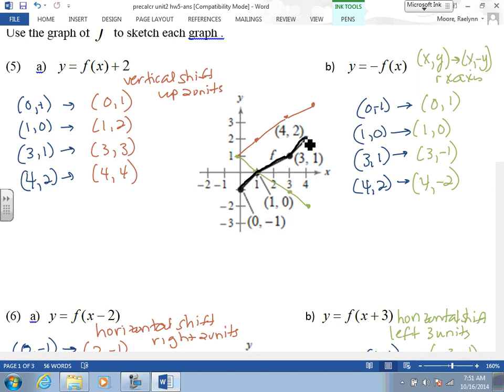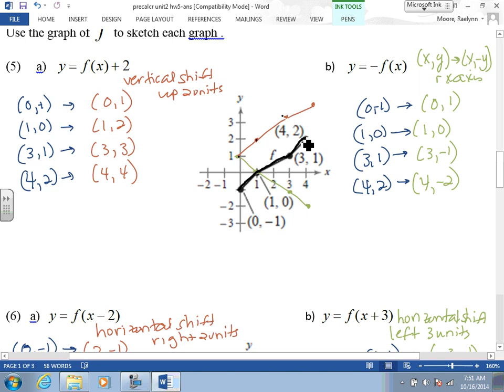So it says take these points and shift them up 2. What's going to change, the x or the y? Look up here. If I'm shifting this up 2, what's going to change? The y. So every point is just going to move up 2, up 2, up 2, up 2.